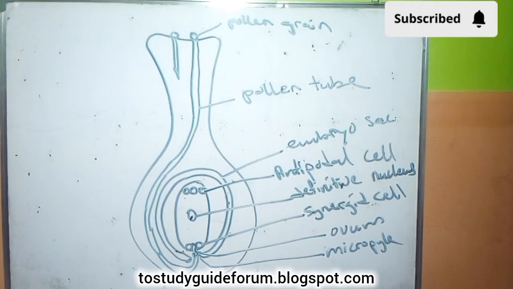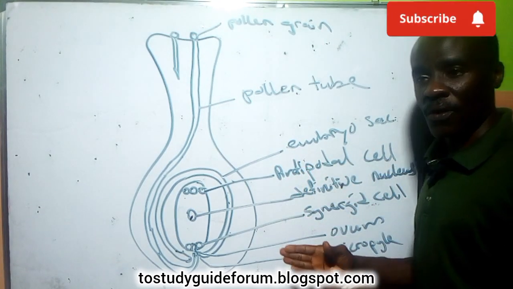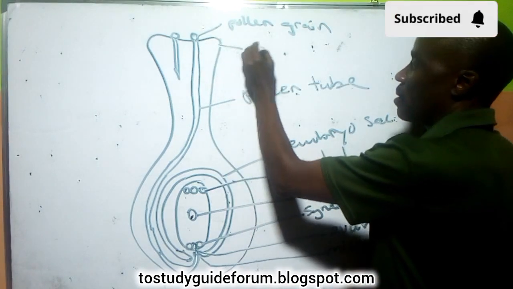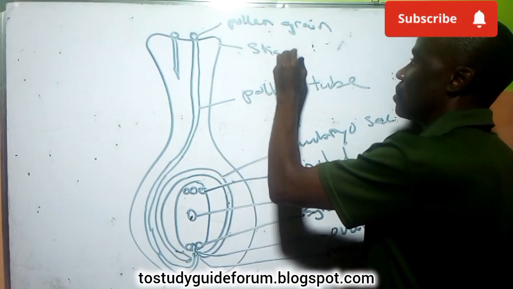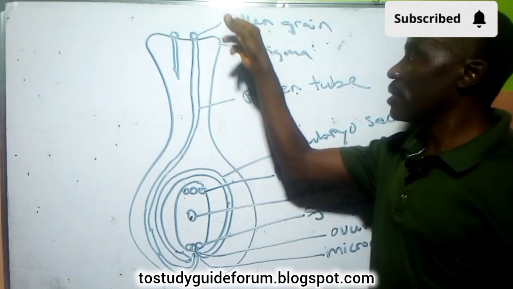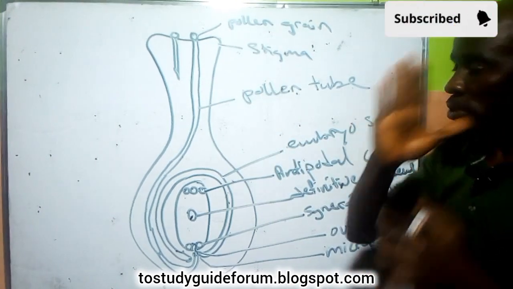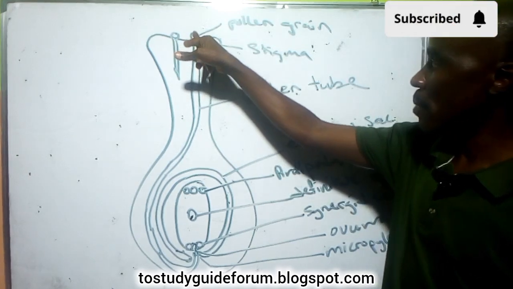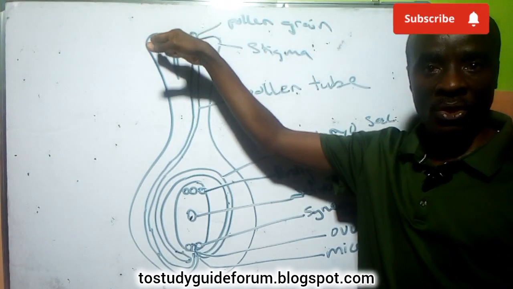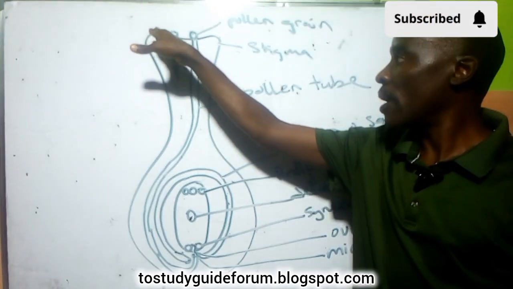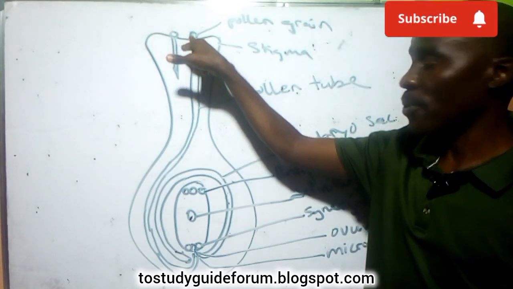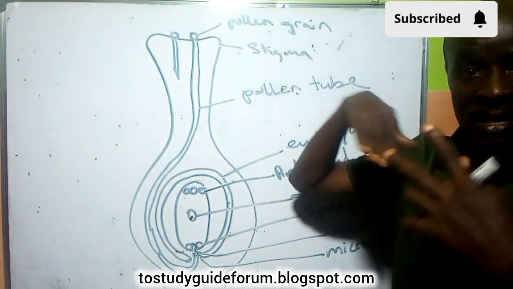So this is the drawing of the stigma, and what we have here is the pollen grain. The previous drawing has to do with what happened when the pollination just took place, and what happened after that moment.